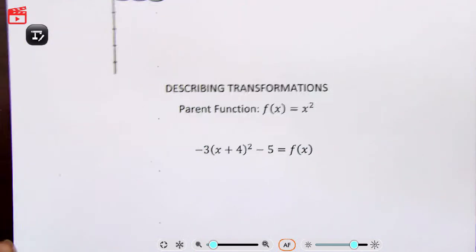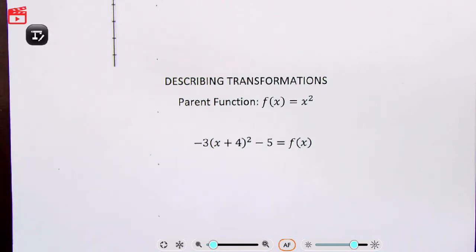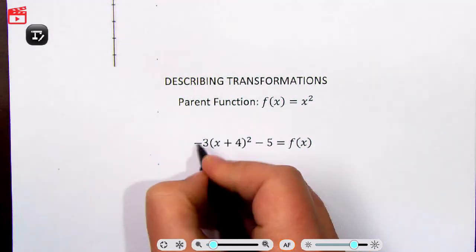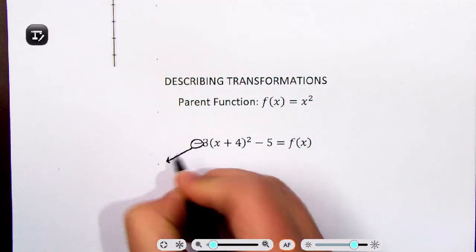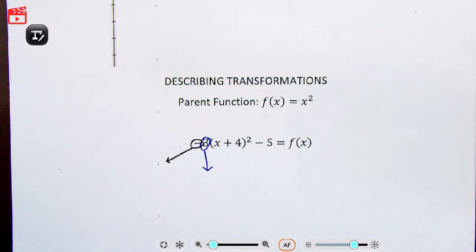A lot of times you'll get questions with these types of transformations that say, describe the transformation. Basically, we are taking a mathematical sentence and changing it into English using English words. This is how I would like you to do it. Take every single piece of the equation and circle it. I have a minus. I have an a value that's being multiplied.